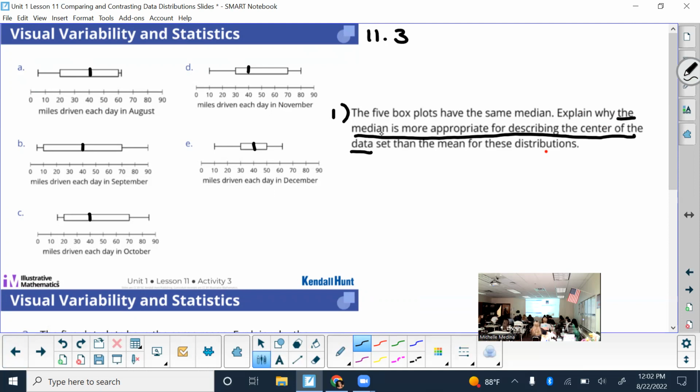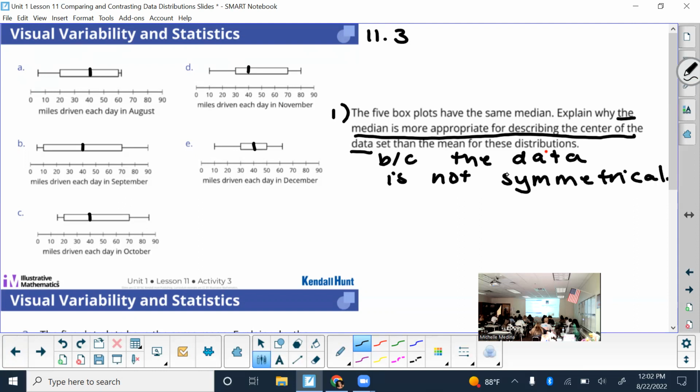So I would write, the median is more appropriate for describing the center of the data because the data is not symmetrical. So write what's underlined.